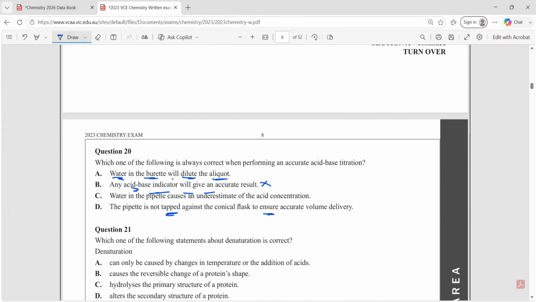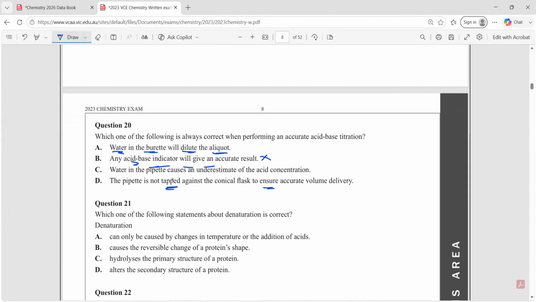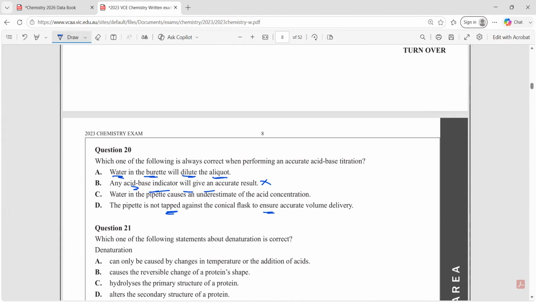What does tapped mean? Water in the burette will dilute the aliquot. Well, the burette doesn't actually deliver the aliquot. The pipette does. So that would be wrong. The water in the pipette causes an underestimate of the acid concentration.